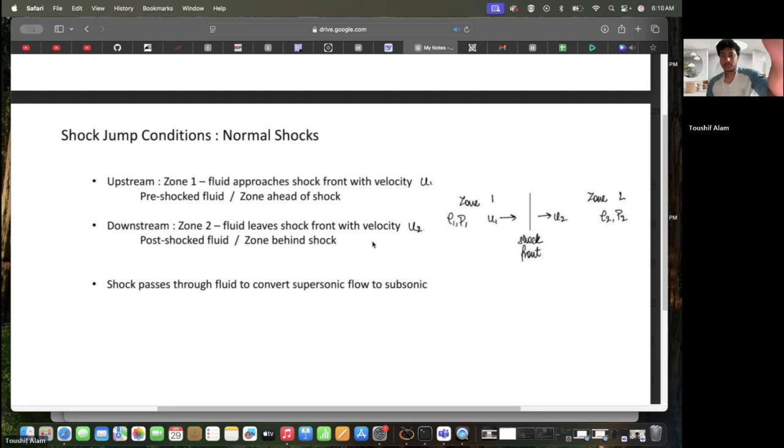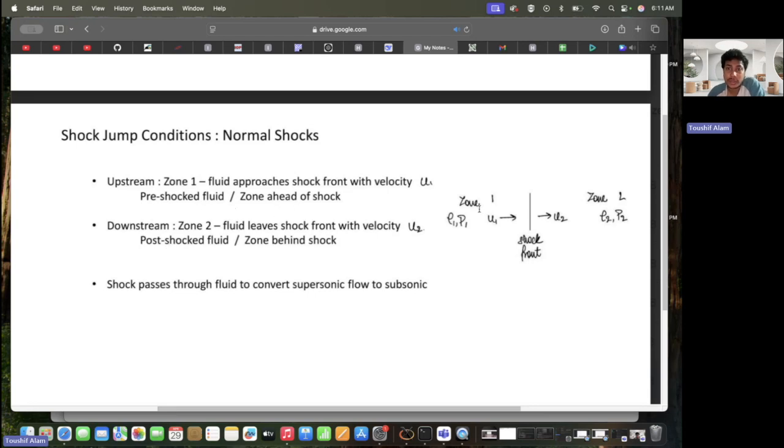Zone 1 is where the fluid approaches the shock front with velocity U1. It is the pre-shock fluid, the zone ahead of the shock. Suppose the shock front propagates to this side. This is the shock-free zone, which is why it is called pre-shock, before shock.